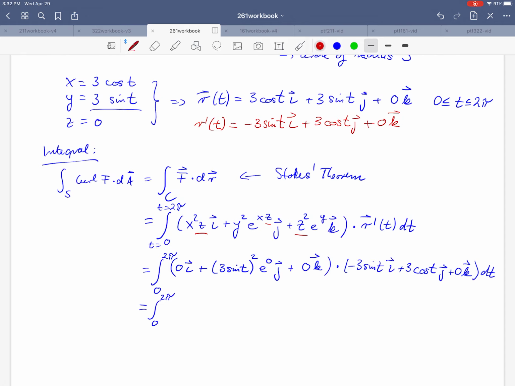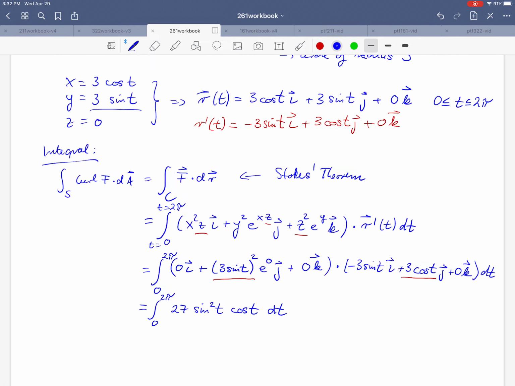Only I have the 3 sine t squared, and then I have 3 cosine t. Only the j components are going to give me something non-zero. So I have 3 squared and another 3, that's a total of 27. And then I have my sine squared t and a cosine t dt.